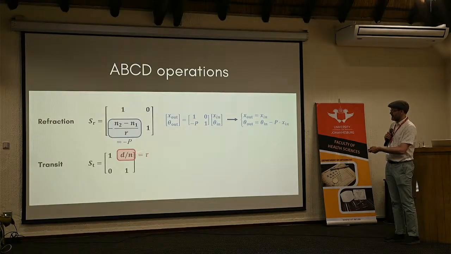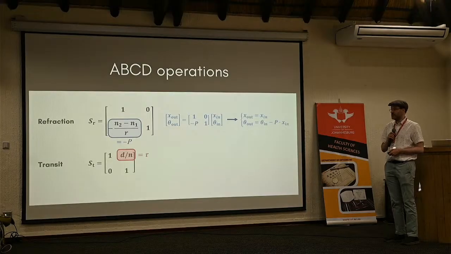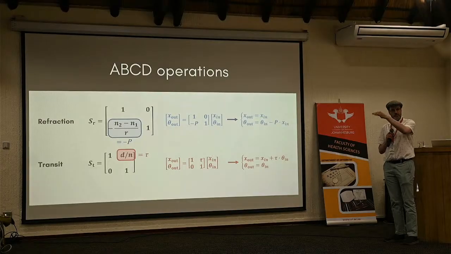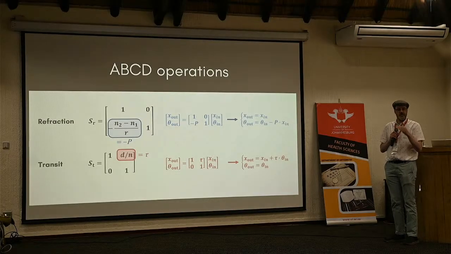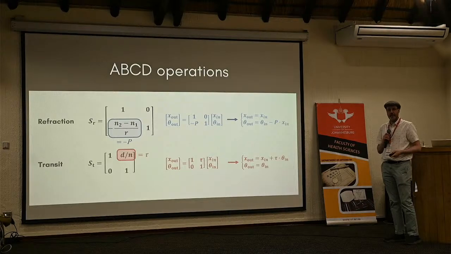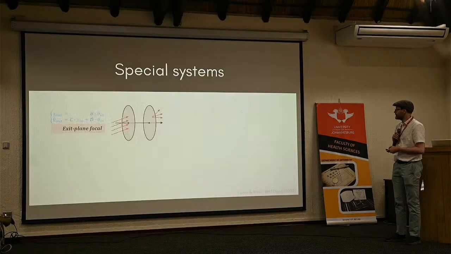If you have a transit, you have the d, which is the distance of the transit divided by the index, or the reduced distance tau, and you can multiply that, and then you get this. So if you have a ray going over a certain distance, it's not the angle that changes, it's just the elevation of that ray that is changing. So far, it still makes sense, I hope.